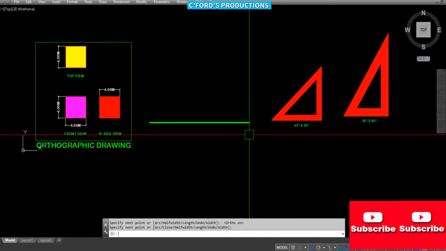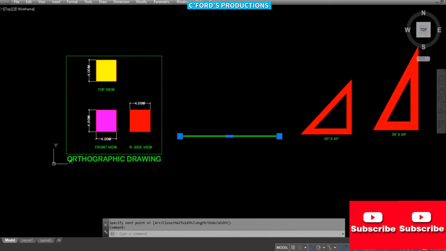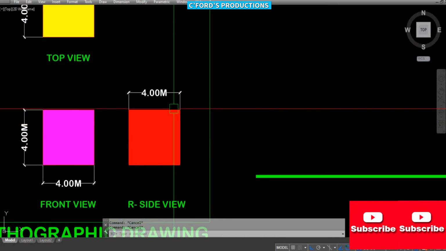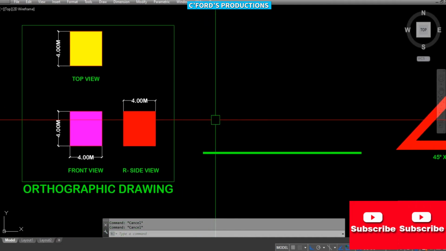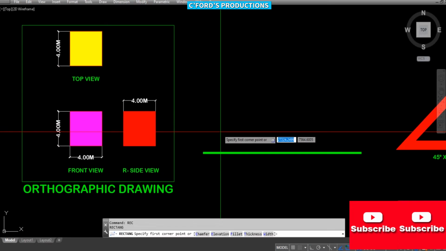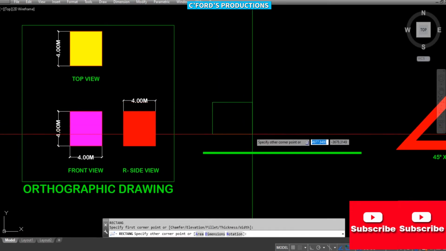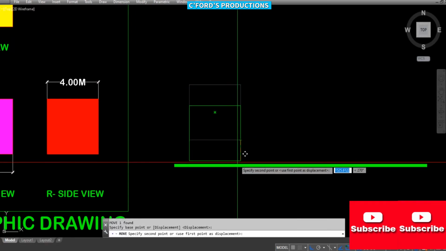This one is our plane, and the dimension is 4 meters by 4 meters. Okay.